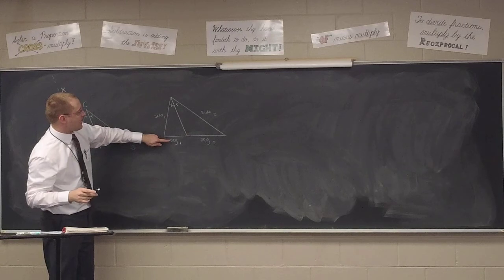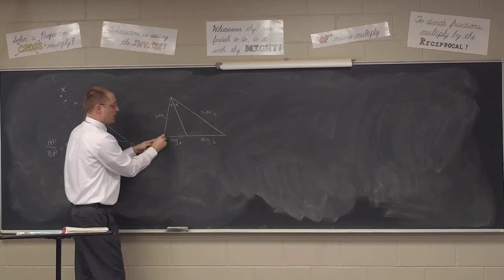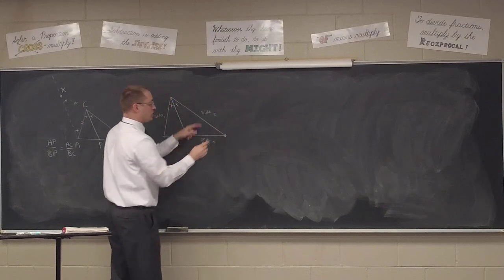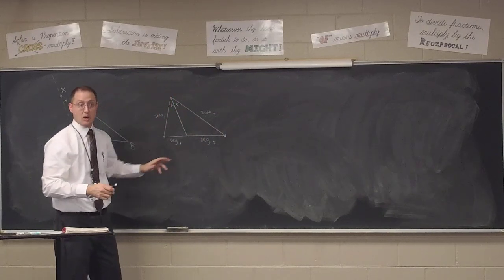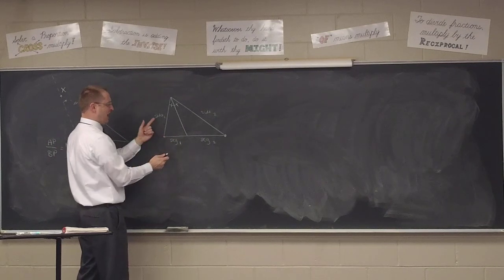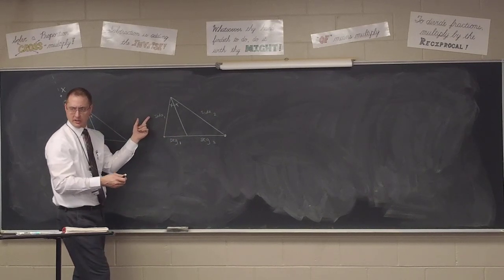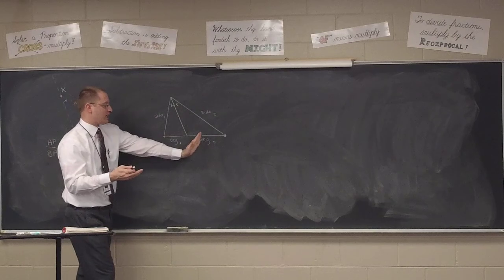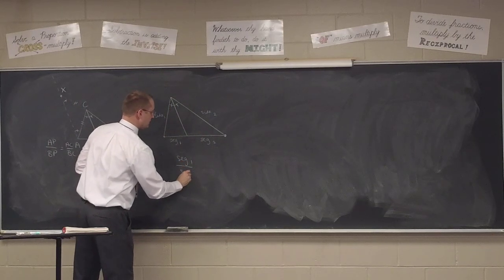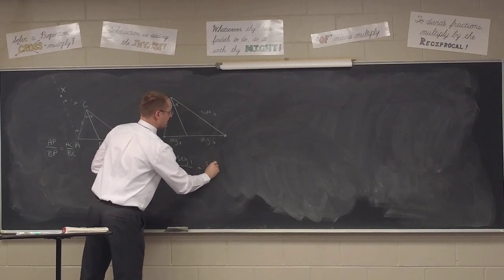Notice, segment 1 and side 1 share a vertex. Notice that segment 2 and side 2 share a vertex. It would be irrational to call this segment 1 and this side 2. That doesn't make sense, does it? Segment 1, segment 2, side 1, side 2. Here's the proportion. Segment is to segment as side is to side.